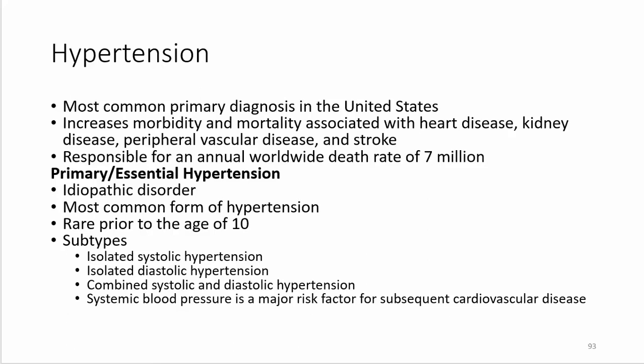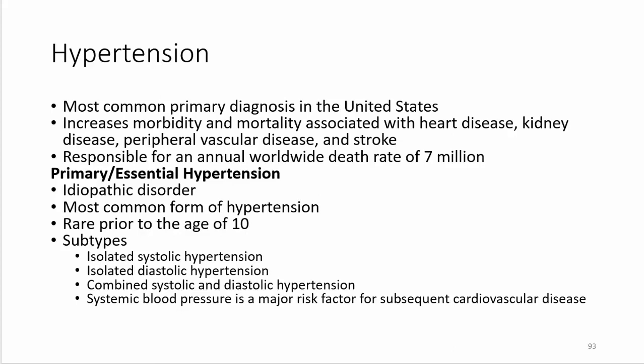And that's too bad because it's an idiopathic disorder. It's really common, and we don't know what causes it. Now, it's a problem of adults. You don't see this in kids. If you see hypertension in kids, it's probably secondary hypertension, surrounding something else. There's various subtypes.